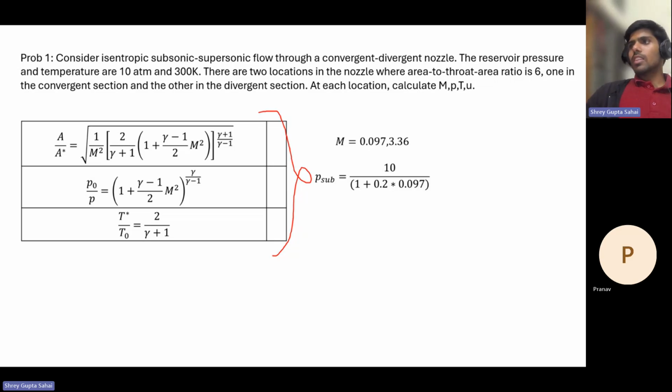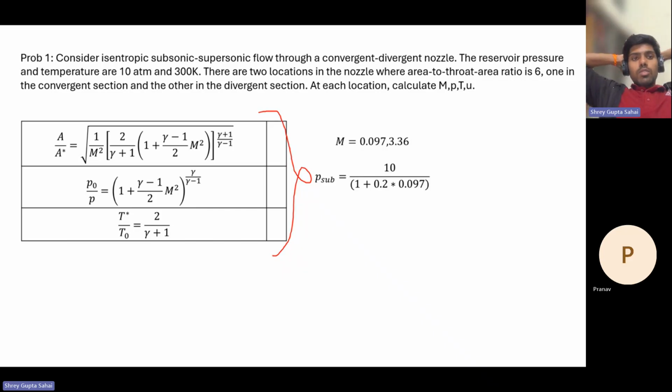So the Mach numbers were fine. 3.368 was the supersonic value. Subsonic value was 0.097. For the subsonic Mach number, the pressure you're going to get is 9.94, very close to 10 atmosphere, obviously because the Mach number is very close to zero. For the supersonic Mach number, the local static pressure you will get is 0.159 atmosphere, which is very low.